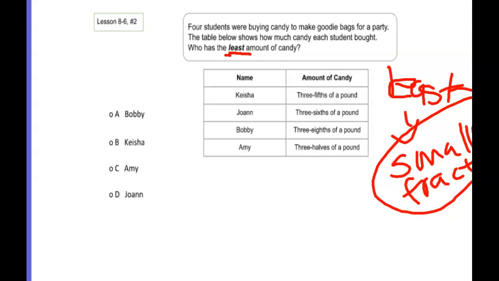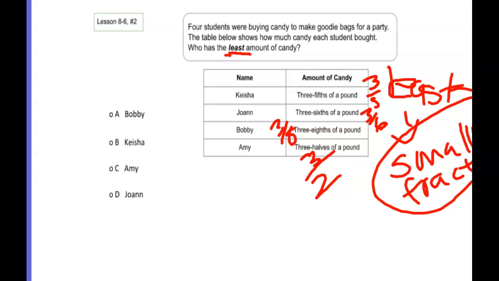So if you notice here, Keisha has 3/5 of a pound of candy. I like to just rewrite it as a fraction. Joanne has 3/6. Bobby has 3/8. And then Amy has 3/2. So halves, that's how halves looks.